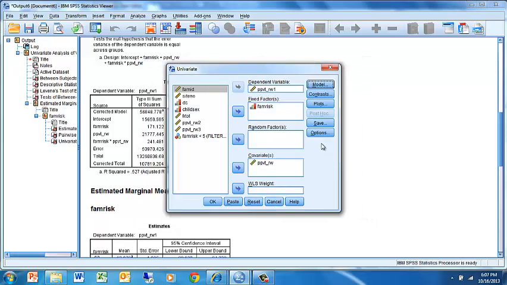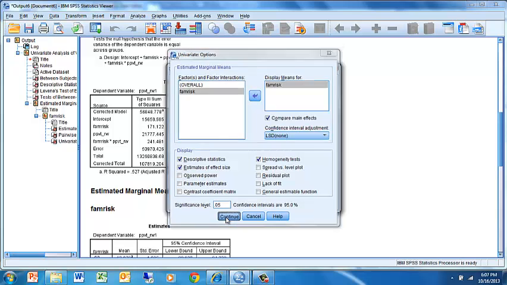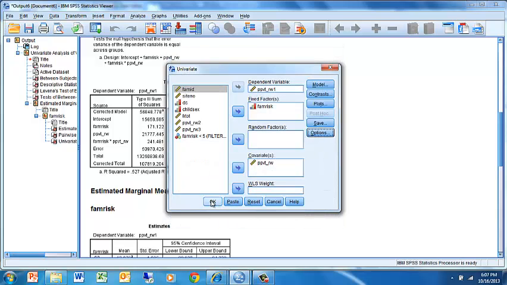We go to Options, and we send family risk over as the mean that we're going to explain. We have some options in terms of the type of mean comparisons. If you want to be very conservative, you can use Bonferroni. You can also use the least squares differences, least significant differences. Make sure the descriptive stats, effect size estimates, and homogeneity tests are all clicked here, and click Continue, and then click OK.